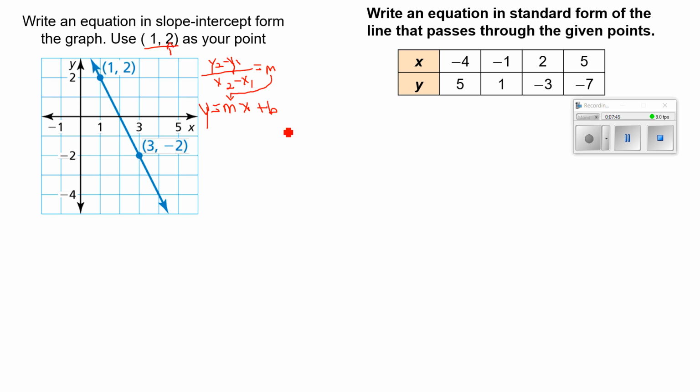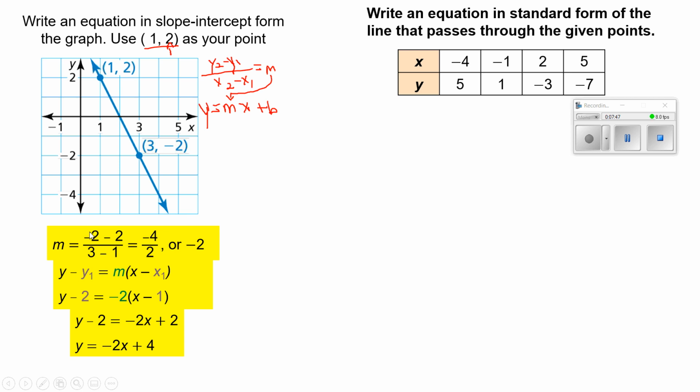So let's see how they did it. All right, here we go. What they did is label these, in case you didn't see that. They labeled this one as set number 2. This is set number 1. And they knew each one of these are x, y. So now they took y2, which is negative 2, right?